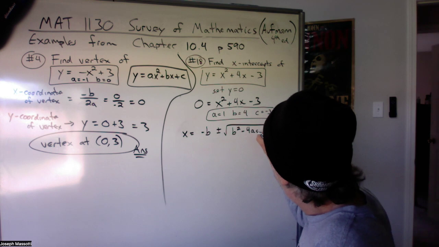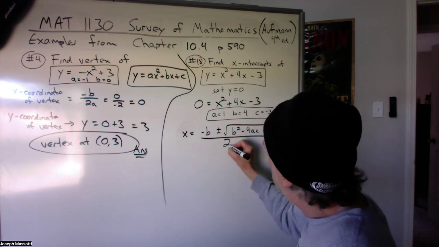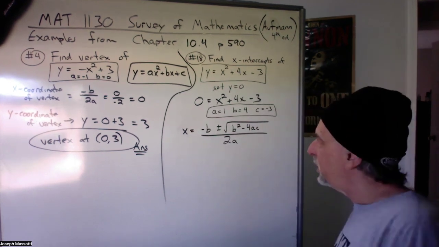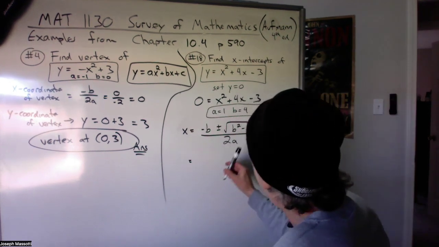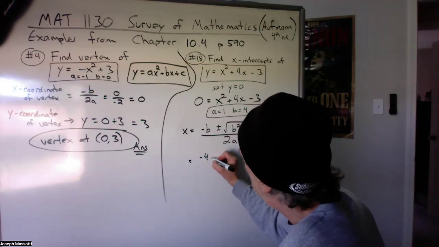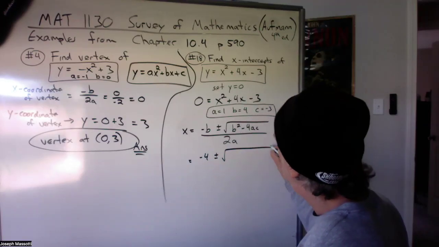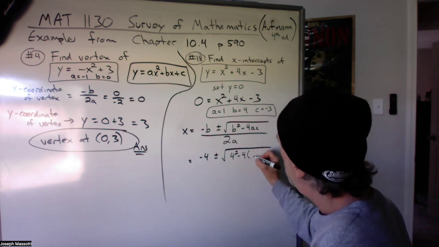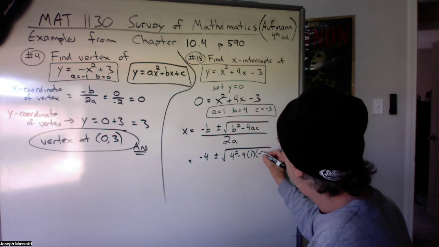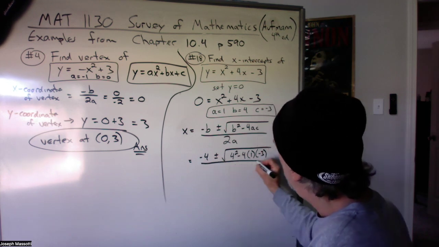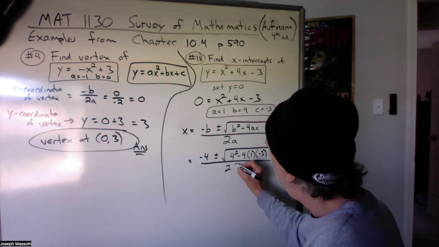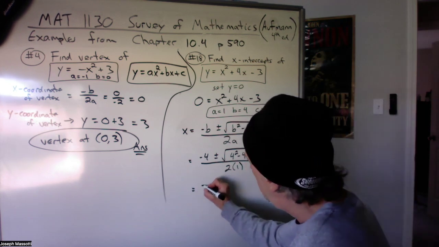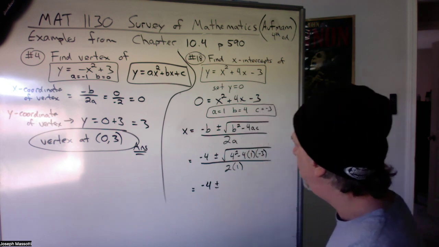So it's just a matter of being careful now and plugging in the numbers, paying attention to details, all of that stuff. So here we'll get -b plus and minus the square root of b squared minus 4ac over 2 times a.